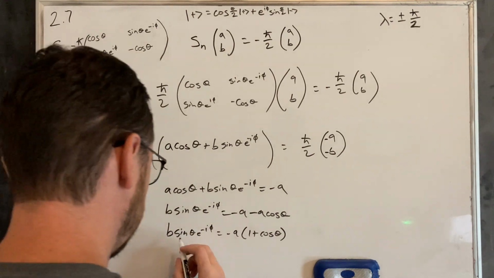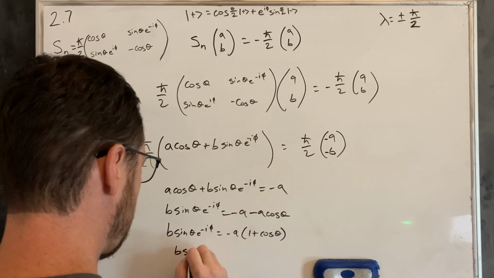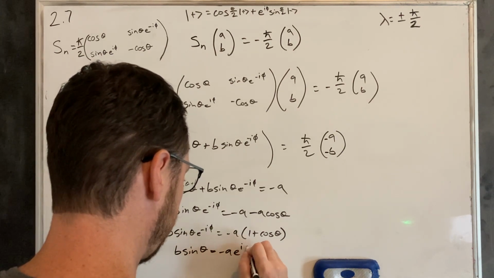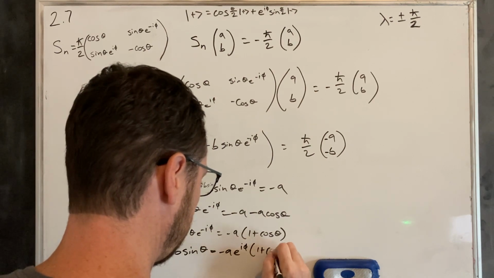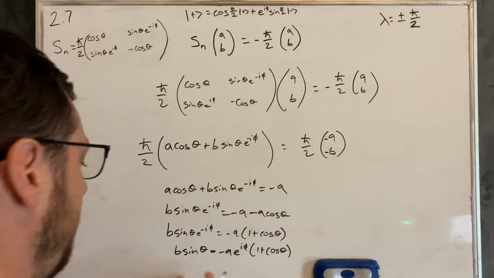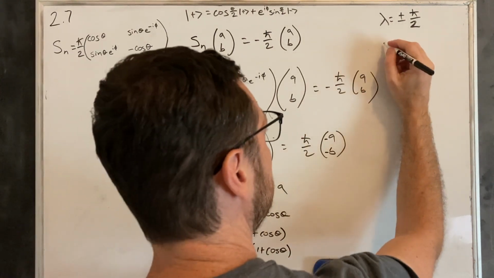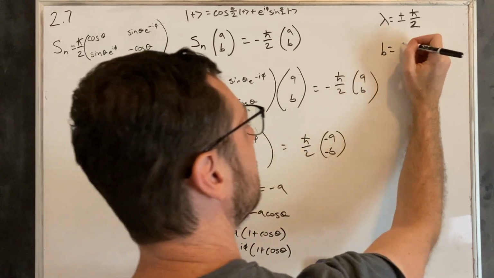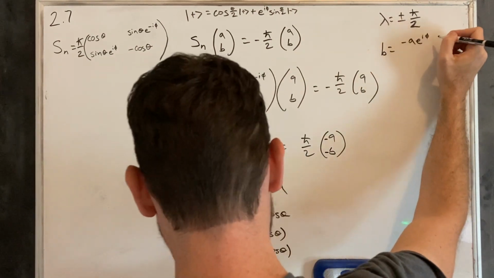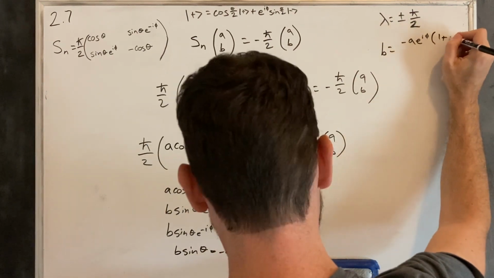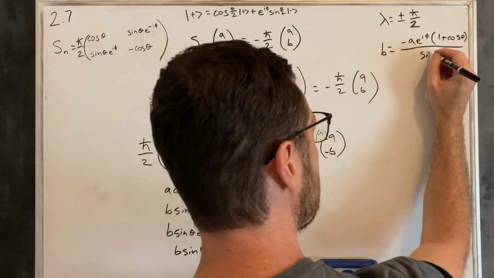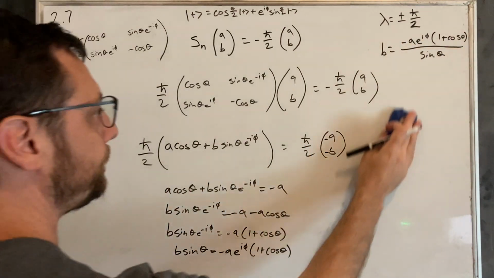That'll cancel out this term. So b sine theta equals negative a e to the positive i phi times 1 plus cosine theta. And then we'll divide both sides by sine theta, and that'll give us our b. So our b is going to be equal to negative a e to the i phi times 1 plus cosine theta all over sine theta. Okay, so that's our b.